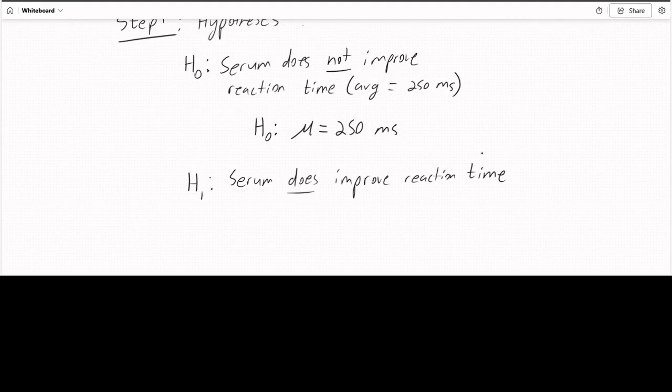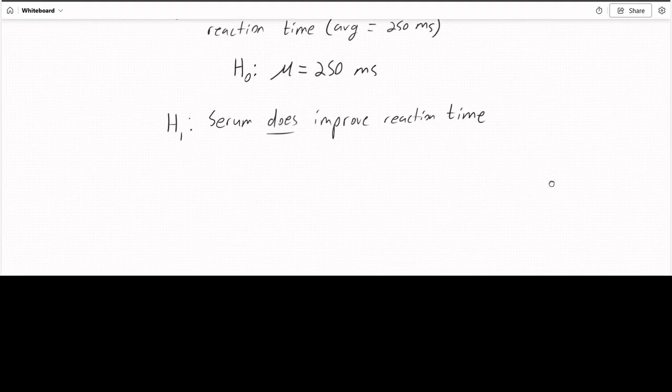Okay. Now notice I don't say proves that it reduces the reaction time by a certain amount. I don't say that, oh, it's going to be 230 milliseconds. No, I'm just currently just trying to prove that it reduces our reaction time. So in math terms, I'll say that our alternative hypothesis is mu is less than 250 milliseconds.